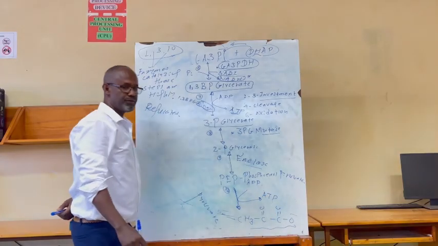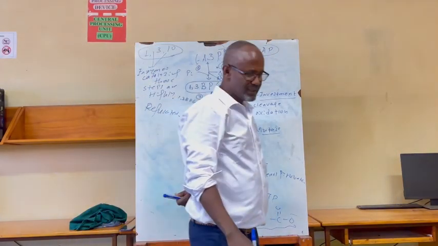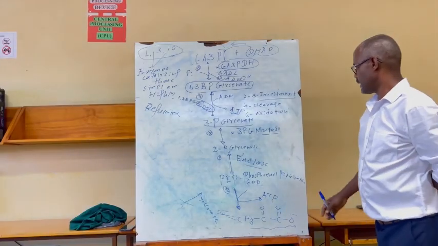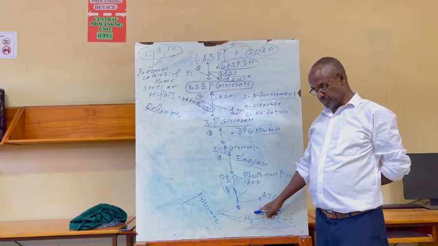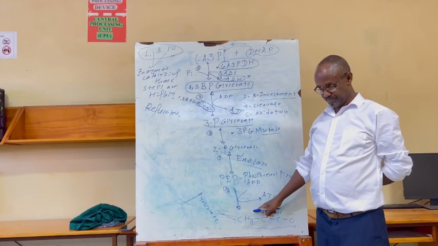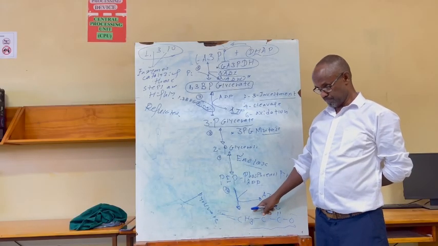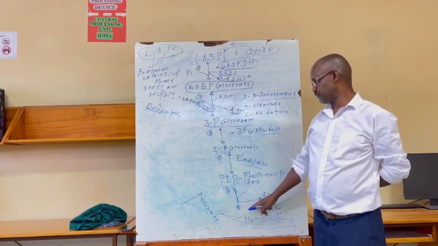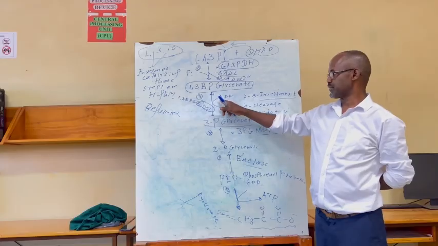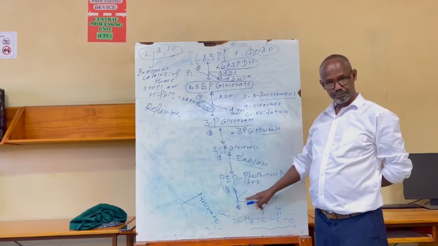The second payoff step. Exactly speaking, we can say that step 7 to step 10, it's the payoff phase, the payoff stage. Specifically, ATP is paid off in the pathway at step 7 and step 10.